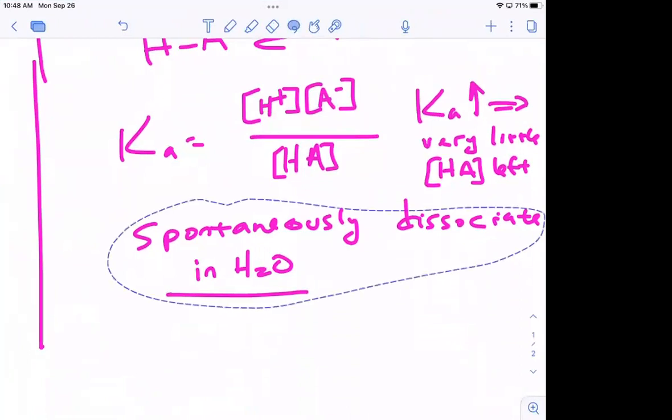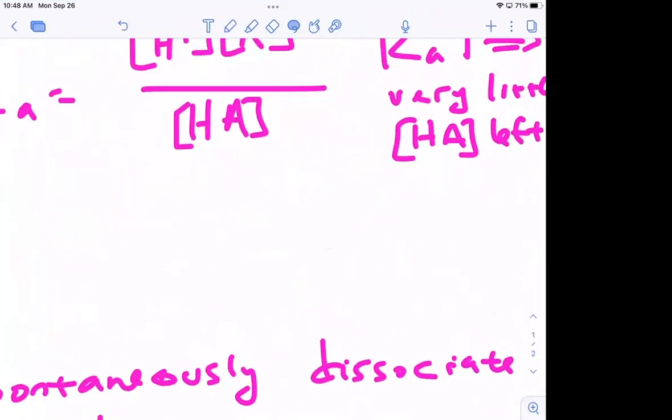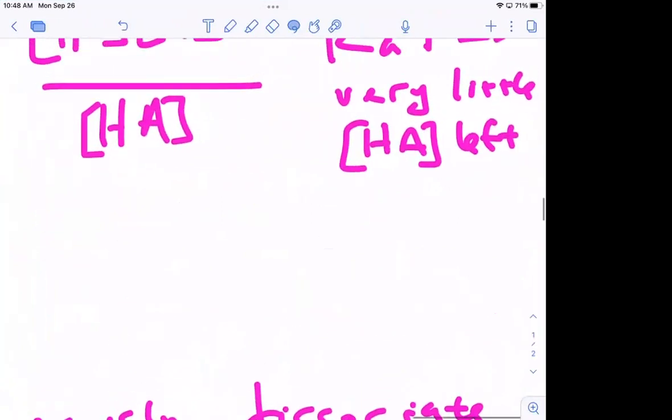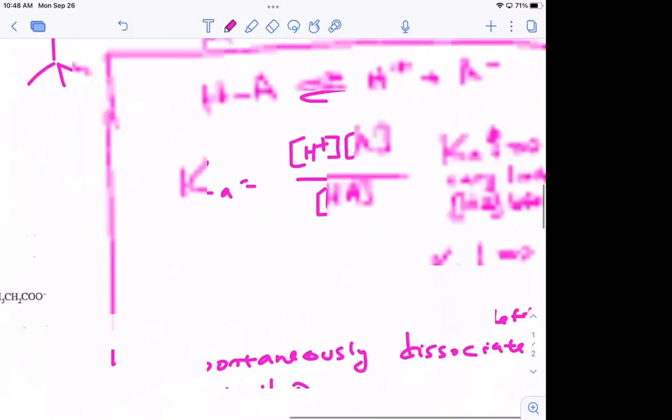There's a whole bunch of HA left over and the acid didn't really fully dissociate. A lot of HA left.